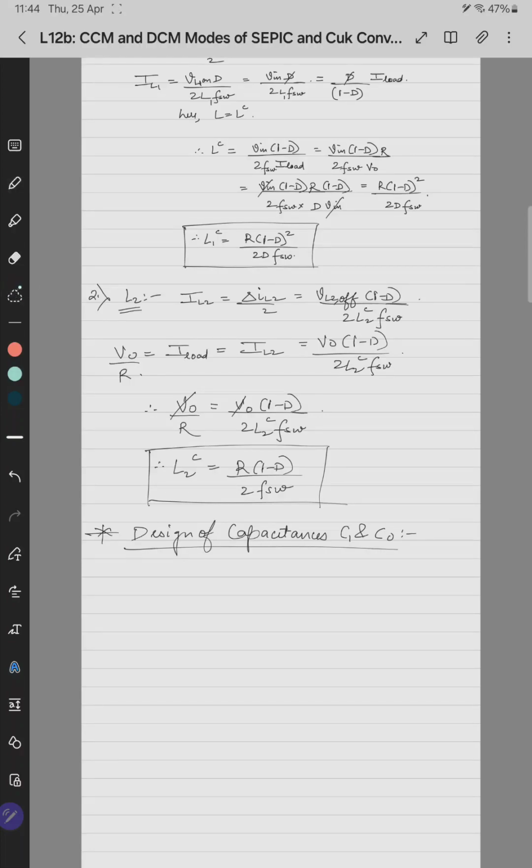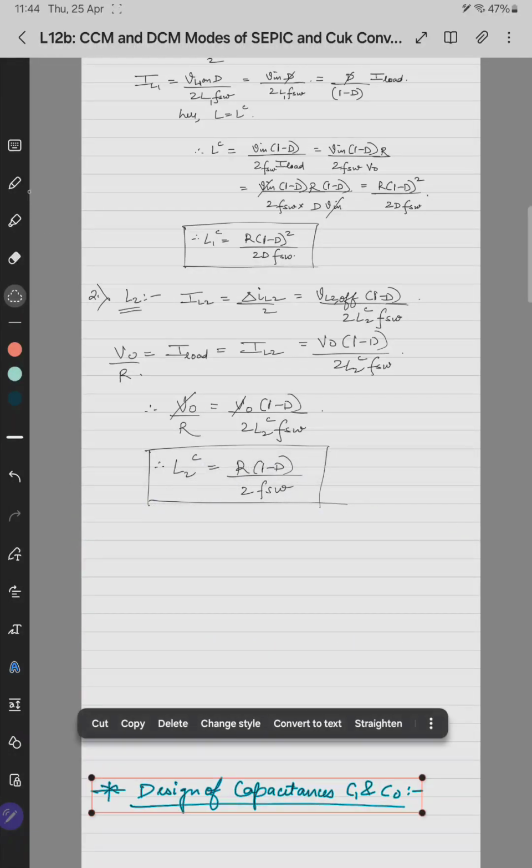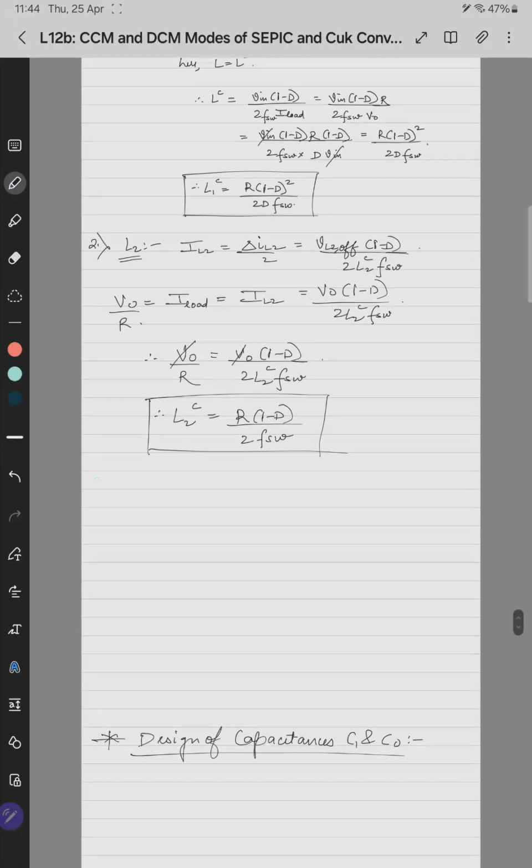So before this, let's quickly write the generic approach for inductor selection of L1, L2. We know that VL is L delta IL by delta T, so L is VL delta T by delta IL.